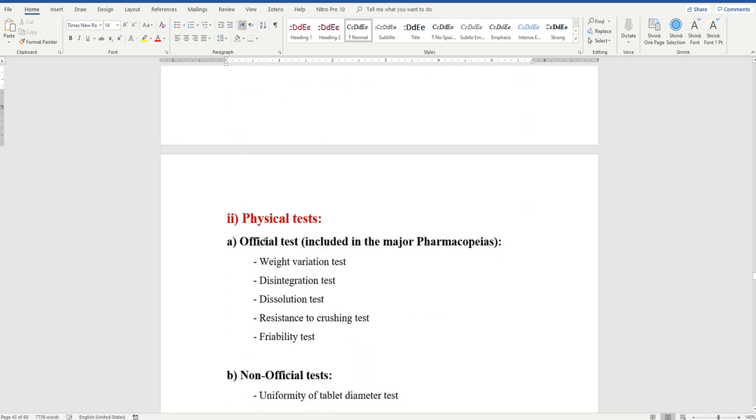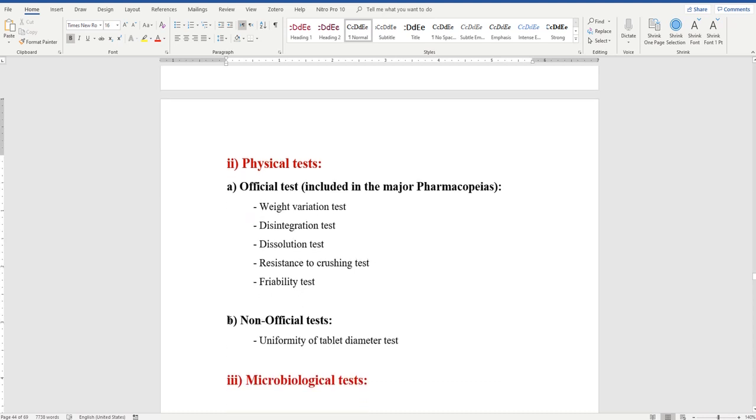Physical tests will include 2 subcategories. The first one is official tests. Now, when we say official, it means they are standard tests that are included in the major pharmacopoeias. So usually it's required. These include the weight variation test, disintegration test, dissolution test, resistance to crushing test, and friability test.